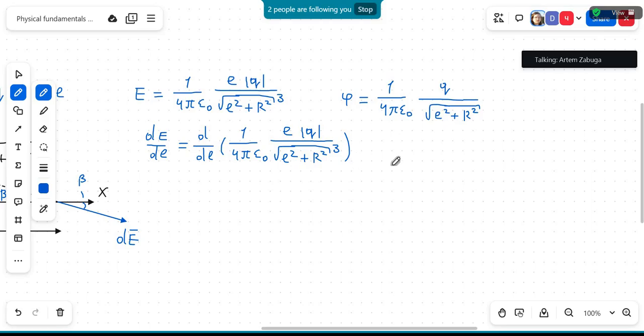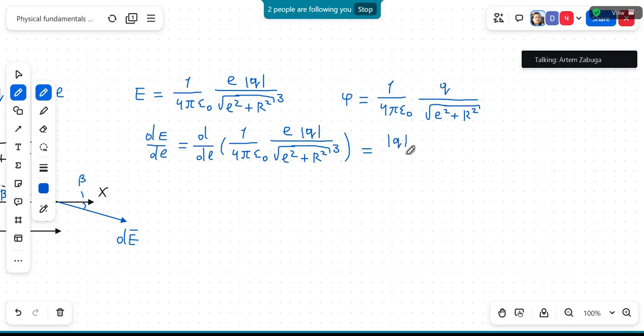The next step is to notice that charge Q and 4 pi epsilon 0 don't depend on L. So these values may be written outside of the derivative.